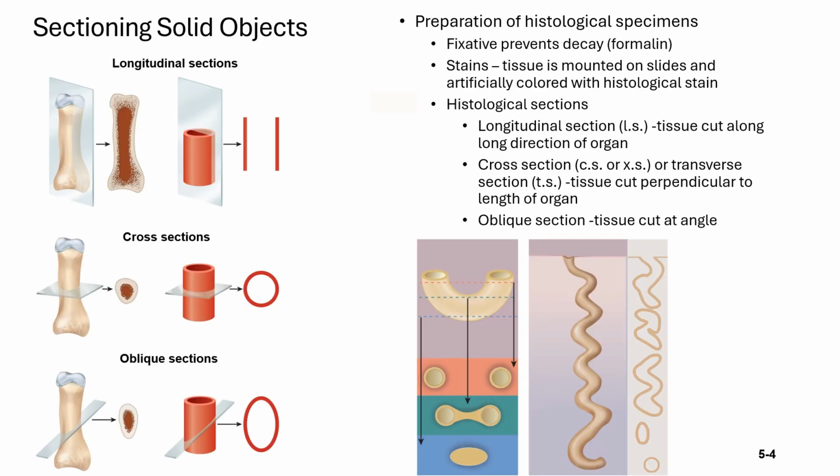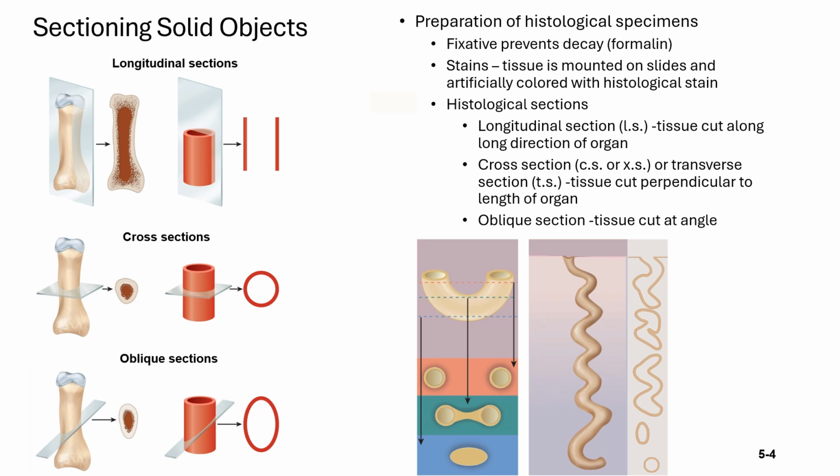So first, you must slice the tissues into histological sections. Histological sections can be longitudinal, cross-section, or oblique section. The longitudinal section indicates that the tissue is cut along the long axis of an organ, like cutting a banana from one tip to the other.